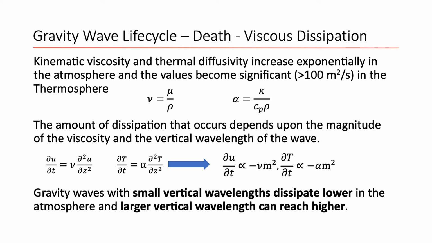So what this really means is that viscosity will act to damp small vertical wavelengths more rapidly than waves with large vertical wavelengths, and this translates into the fact that you'll have smaller vertical wavelengths dissipating lower in the atmosphere, whereas larger vertical wavelengths can actually propagate higher into the atmosphere before they dissipate. So if you look at a vertical wave number spectra with altitude, you will see ever increasing vertical wavelengths as you go up into the viscous regions of the atmosphere.